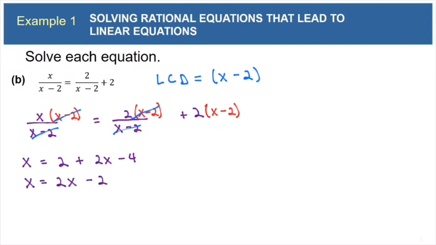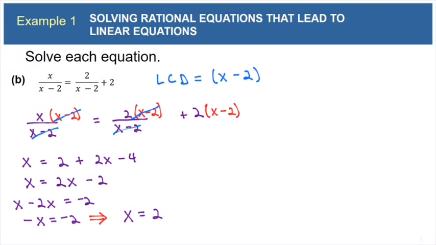And now what I want to do is combine my x terms. So I'm going to subtract 2x from both sides. If I bring the 2x over to the left, then that's going to give me x minus 2x equals negative 2. Combine like terms on the left, and I have negative x equals negative 2. And now divide both sides by negative 1, and we can see that x equals 2.